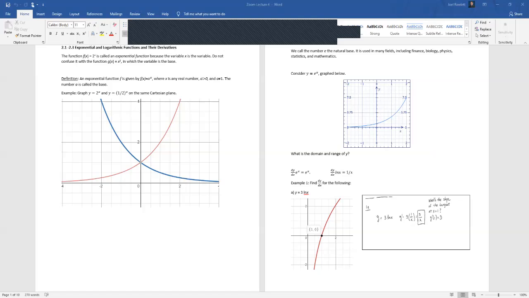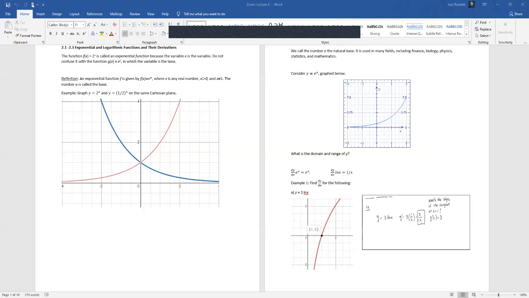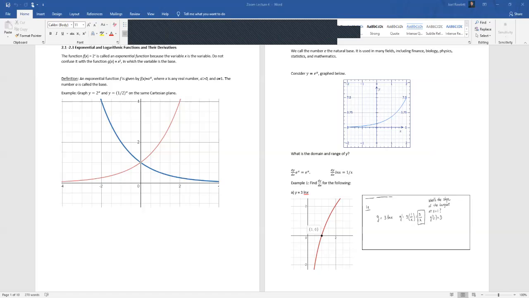And we will use e to decompose equations that have ln, and we will use ln to decompose equations that have e. But really the only thing you need to know is that e to the x is an increasing function and ln x is a decreasing function in terms of slope, and they are opposites of one another. They're inverses of each other.